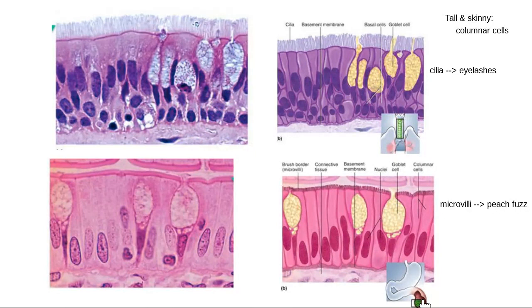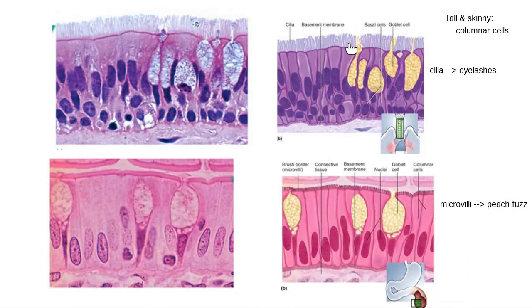So I'm going to see these places where the membrane folded a whole bunch to make these microvilli in places where I want to absorb a lot of nutrients. So this peach fuzz brush border up here, if you will, these are microvilli. Microvilli, really good at absorbing nutrients.